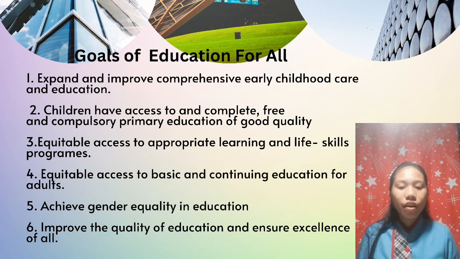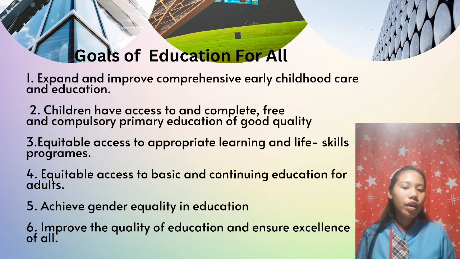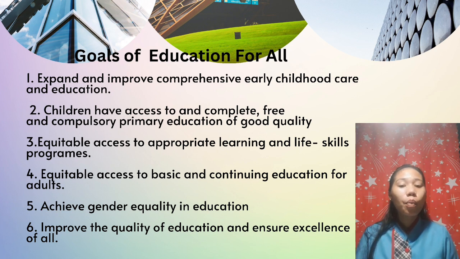There are several goals for EFA. Number 1 is to expand and improve comprehensive early childhood care and education. Number 2 is that children have access to and complete free and compulsory primary education of good quality.